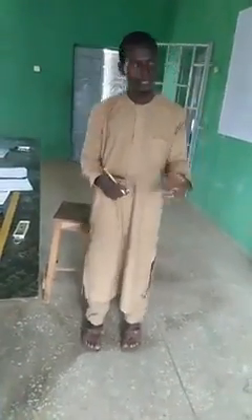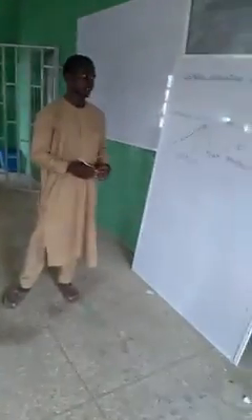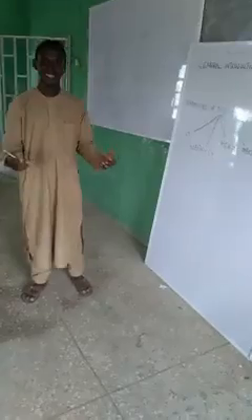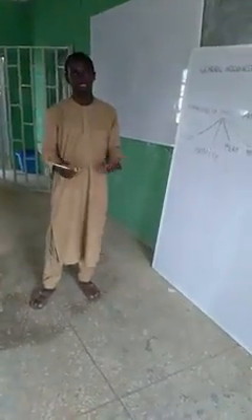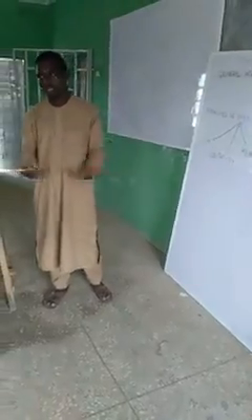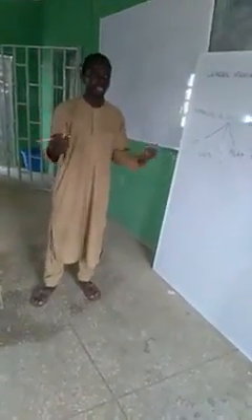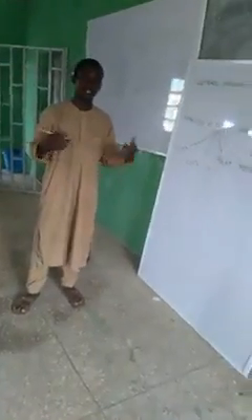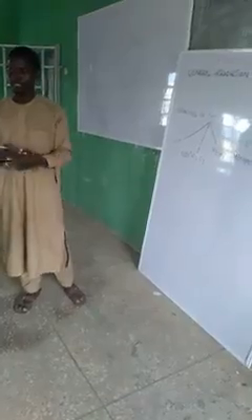So after getting the table, it's now time for students to go to the next part of physics practical, which is data analysis. Under data analysis, students are going to plot a graph. They are going to find the slope. They will find the intercept. They will do evaluation, and so on and so forth.